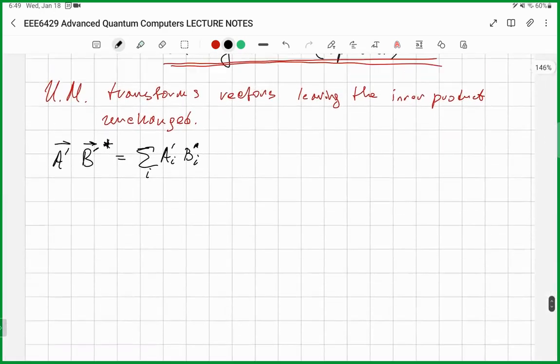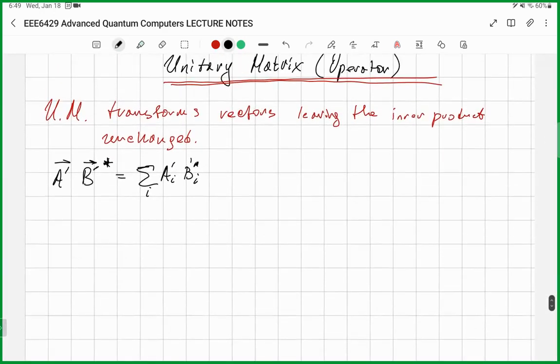So vector A prime is equal to, let's assume that vector A prime is the result of the action of some matrix U_ij on a vector A_j. So I have this vector A_j.